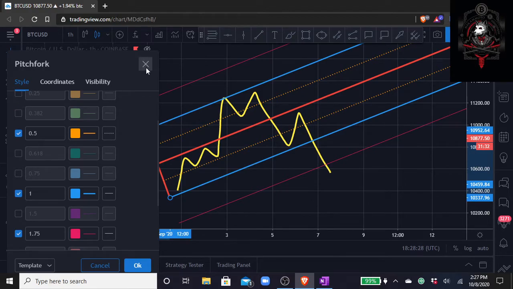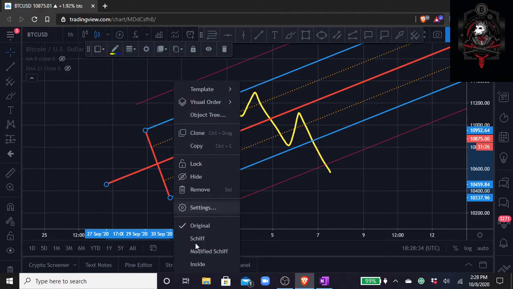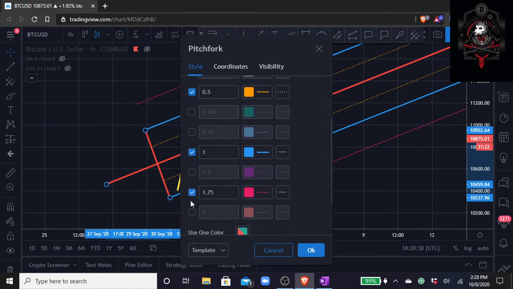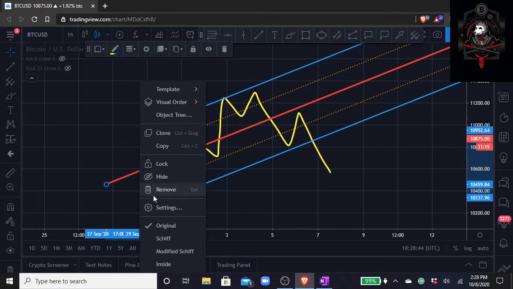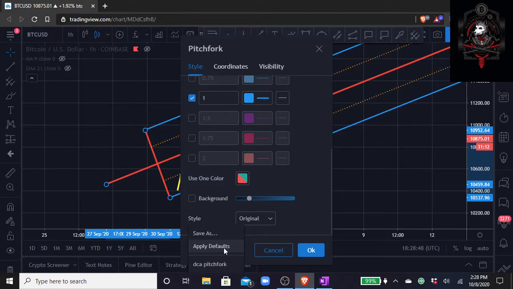And what I do with my pitchfork, well, let's go back into settings. I'm going to turn off those lines I just put on there. Okay. What you can do though, when you are in the settings of the pitchfork, go down here and save it as a template.